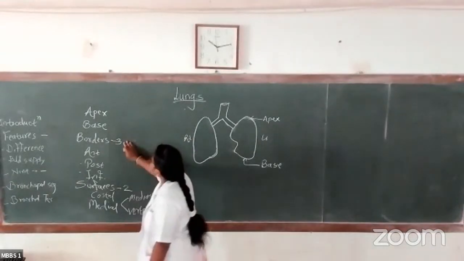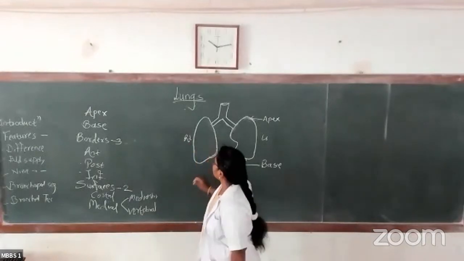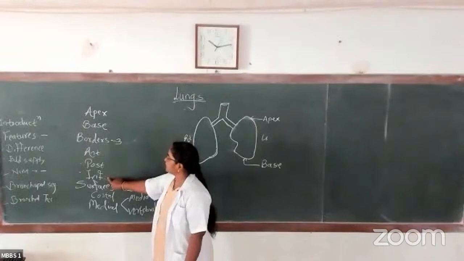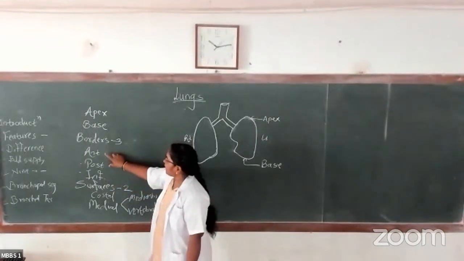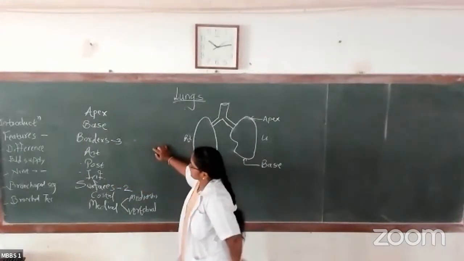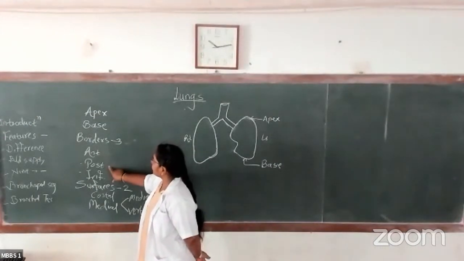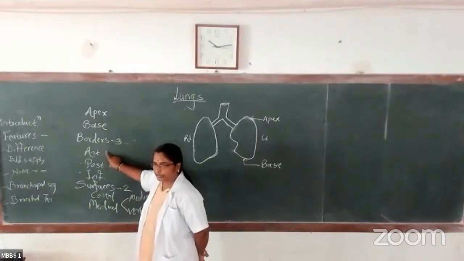Now it has three borders: anterior border, posterior border and inferior border. Anterior border is short and is sharp as compared to the posterior border.